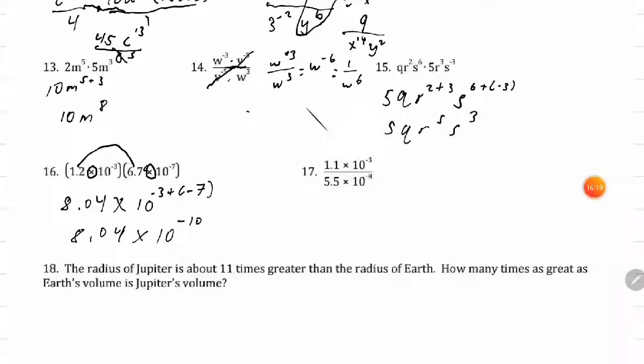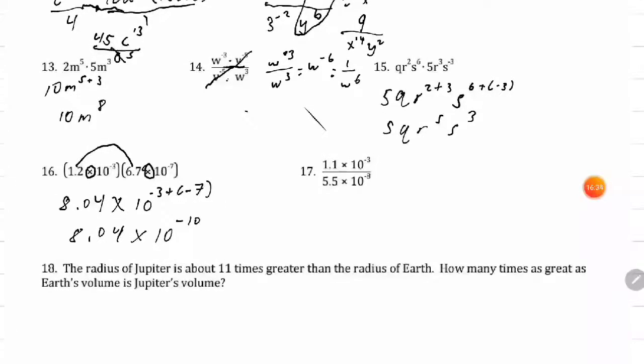Number 17. So 1.1 times 10 to the negative third over 5.5 times 10 to the negative 8. Because there's no plus or minus here, I can actually do 1.1 divided by 5.5. 1.1 divided by 5.5 is very similar to 11 over 55. That becomes 0.2 or 1 over 5.